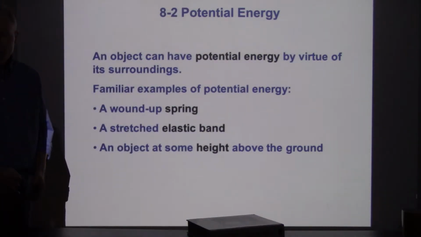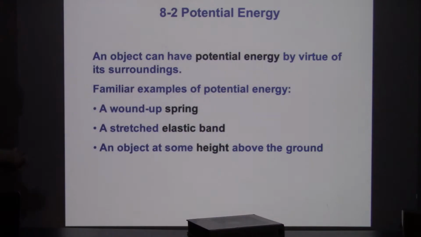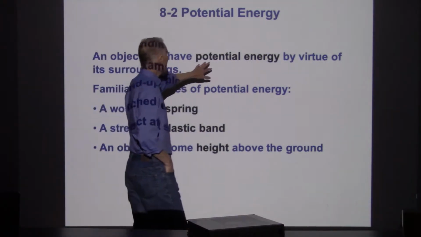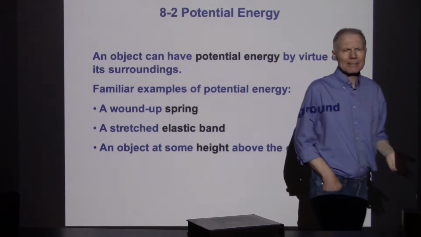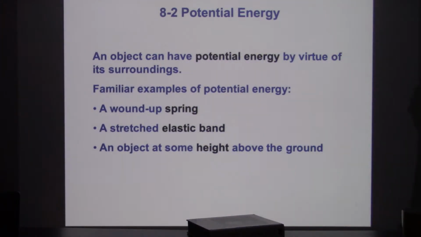Okay, so where we're headed with this is that we're introducing the idea of a potential energy. Now, the kinetic energy, that made sense. Kinetic energy made sense because, hey, something's moving, and we could say that it's moving faster, or if it has more mass and it's moving, that represents more kinetic energy.